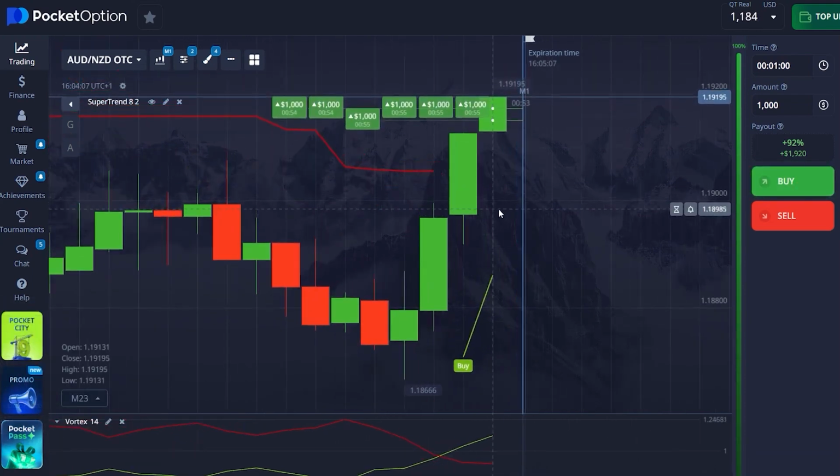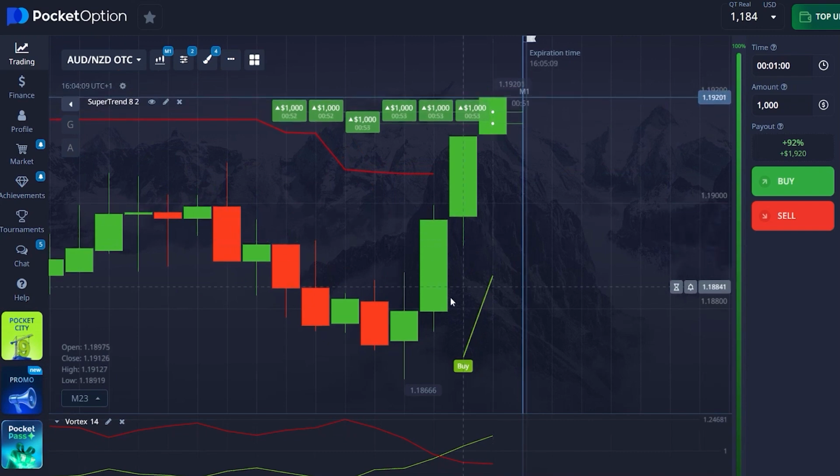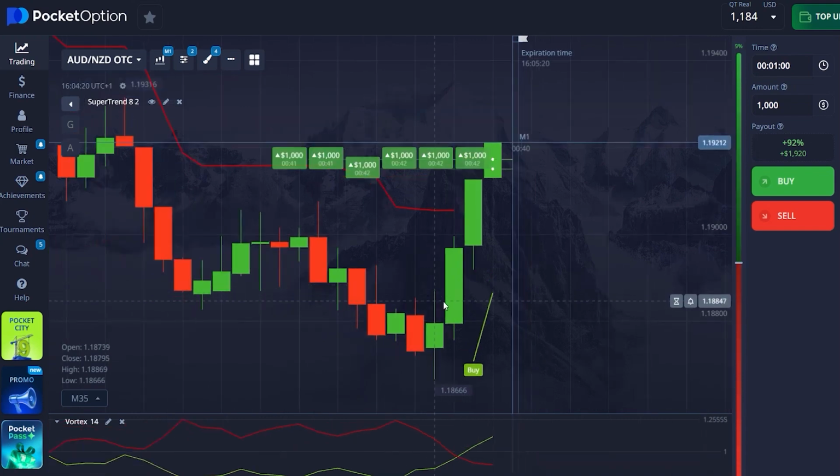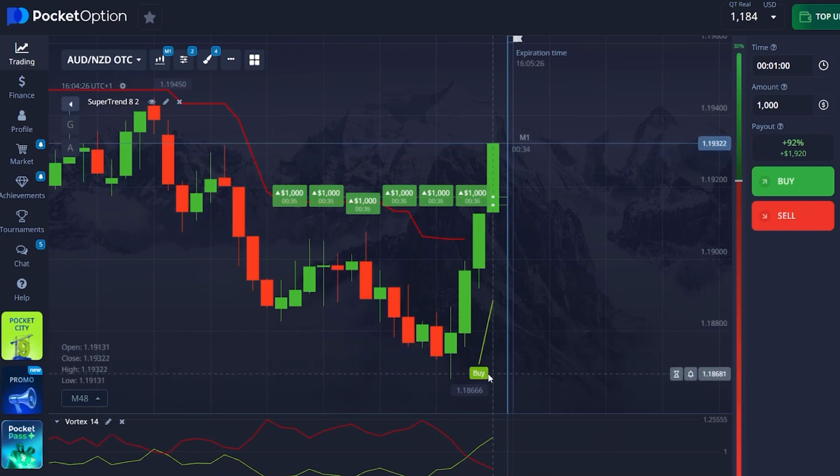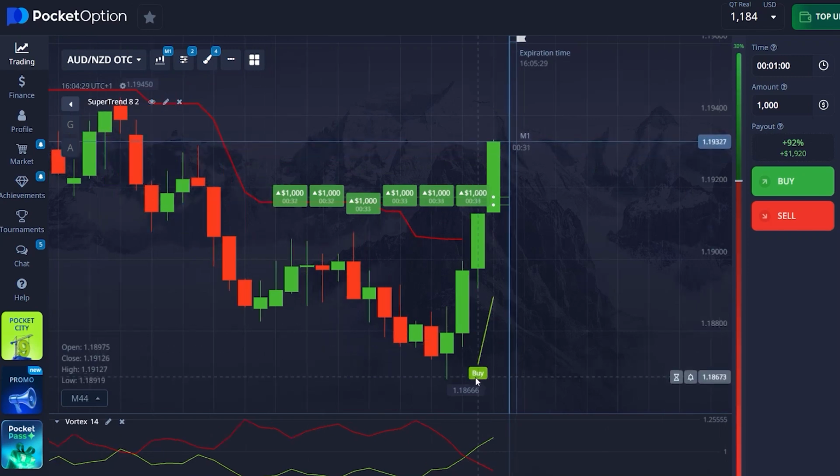So the first thing I always put into consideration is identifying a stable candlestick. So anytime I have a stable candlestick, it always gives me an indication that the market is stable at that particular point in time. So there are enough liquidity in the market to push the market towards an upside direction. Not only that, I also look for my Supertrend indicator.